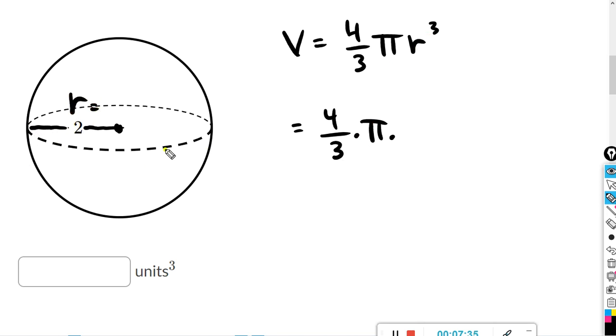So in place of r cubed, that's going to be 2 cubed. So we have 4/3, and 2 cubed is just 8, and of course this is in the numerator. If you want, you can make it 8/1 if that helps you, same thing, and that's times pi.